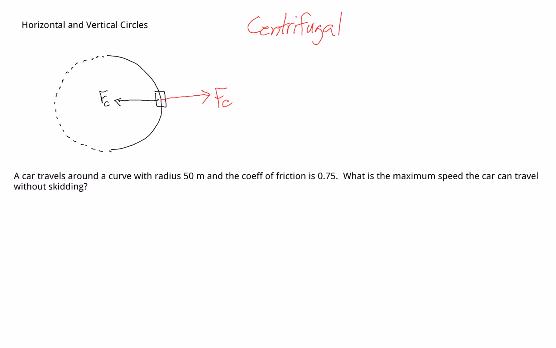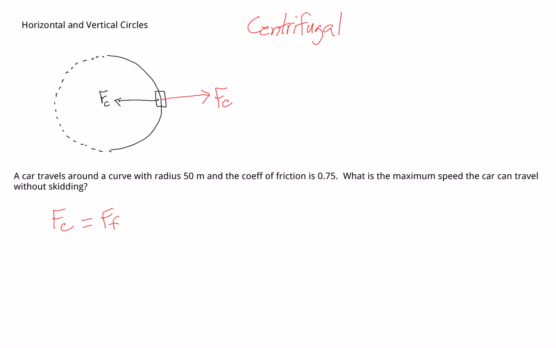Okay, so for this question we have a car going around the circle, so we know our radius is 50 and friction is what's holding us on the road. So in this case our net force is our two forces. We've got centrifugal going outwards, pushing us outward, and then we have friction holding us inwards.